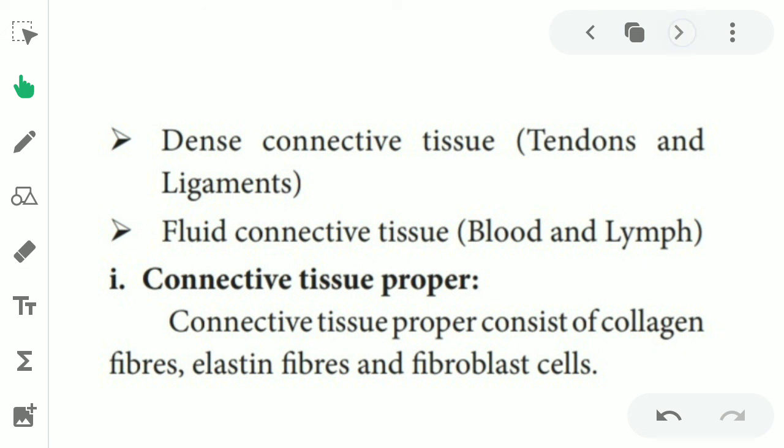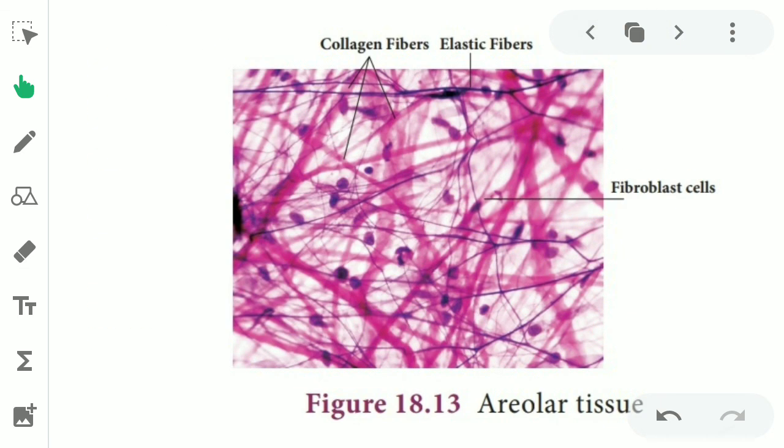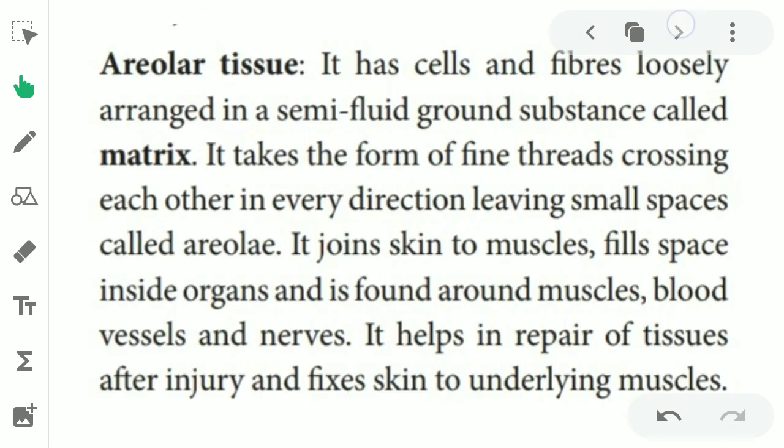You see the picture here. Collagen fibers, elastic fibers, then fibroblast cells are present, and the space in between is called areole. Areolar tissue fibers are loosely arranged in a semi-fluid ground substance called the matrix.